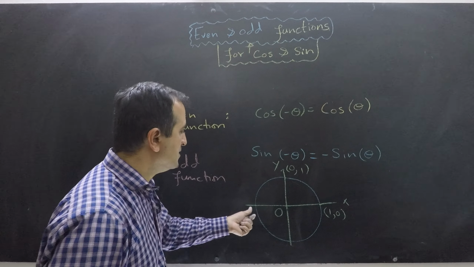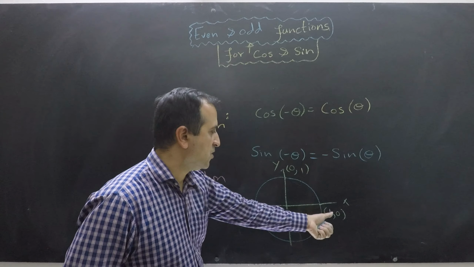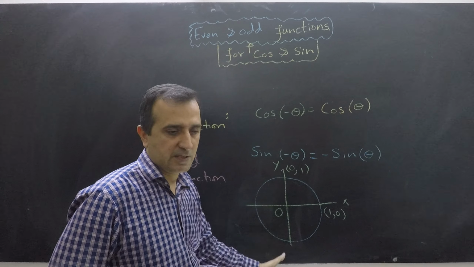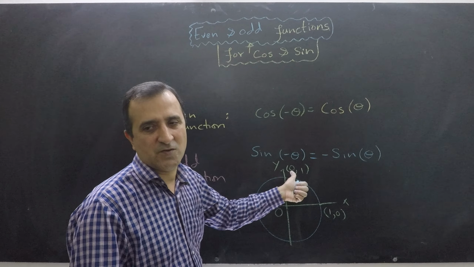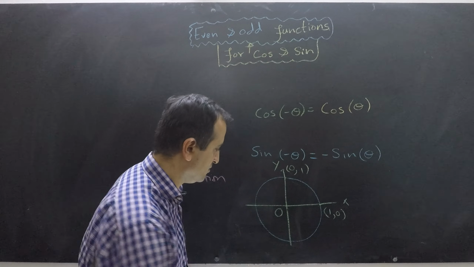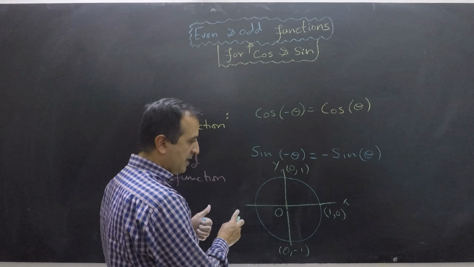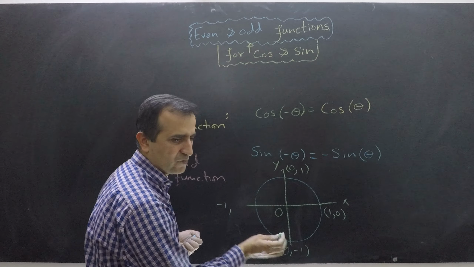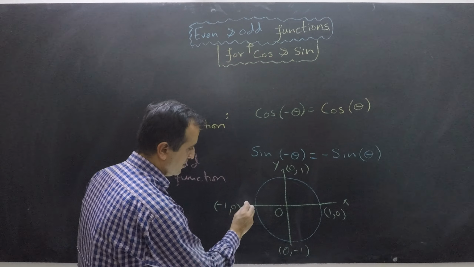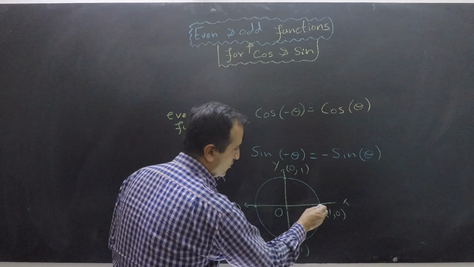Now you can quickly find these two points by just changing the sign of these points, because they are opposite. So this point is 0, minus 1. And this point, because here it was 1, is going to be minus 1, 0. So we have drawn these four points.